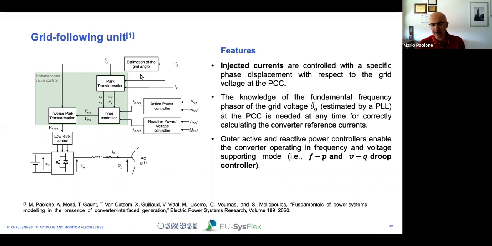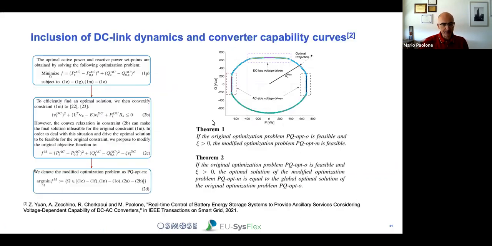Typically this is done by a PLL, but there might also be other techniques. Then, to provide primary frequency and or voltage control, you typically have outer controllers implementing the droop. But as you may know, these controllers are outside the control of the injected currents, so they physically behave in a very different way with respect to a grid forming unit.